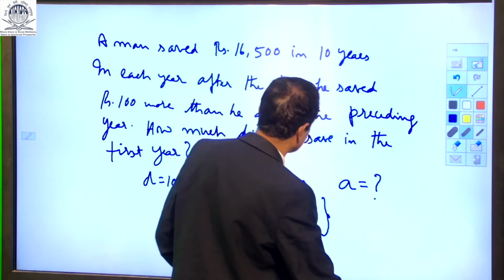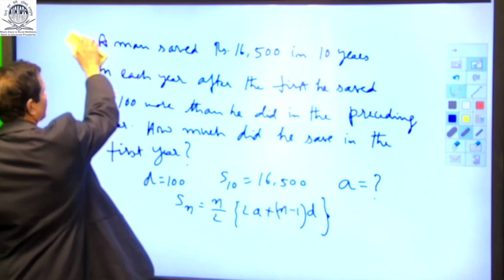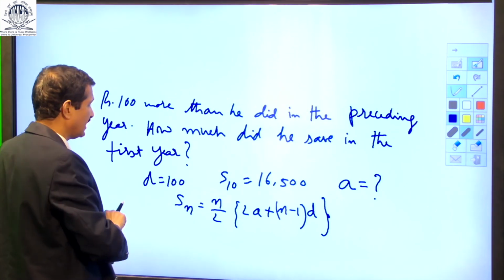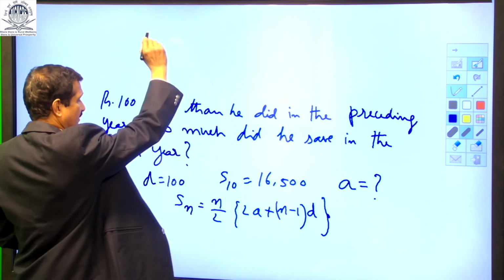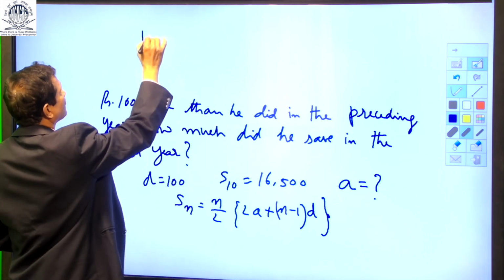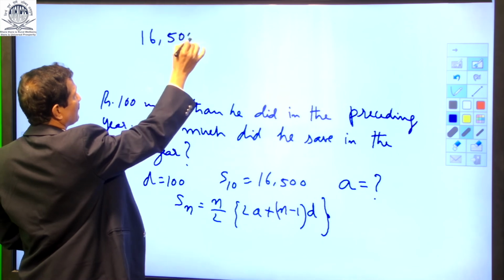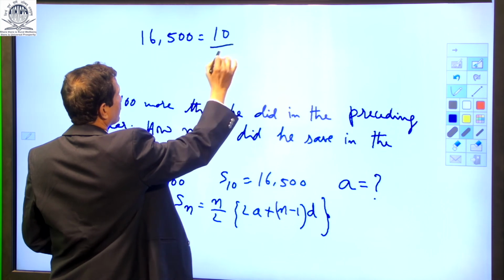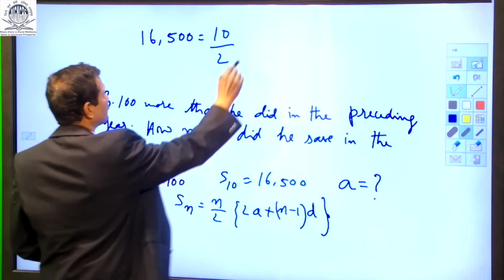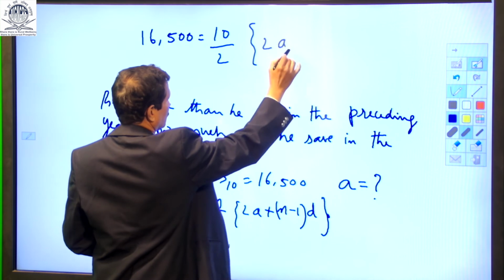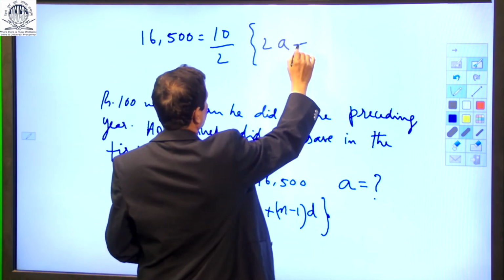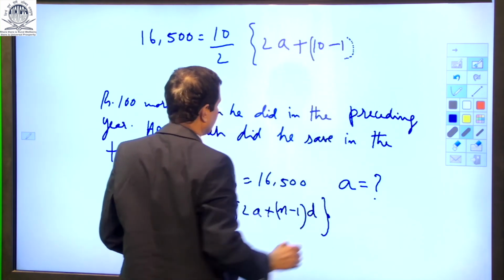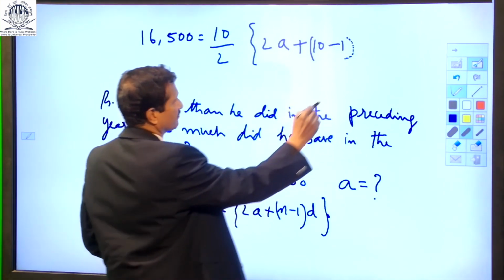Let us substitute the values that are given to us. Here S10 is 16,500, and n is 10, which is divided by 2. The value of A is not known, that is what we are going to find, plus 10 minus 1 into D. D is 100 here.